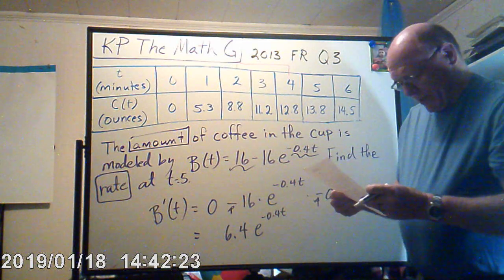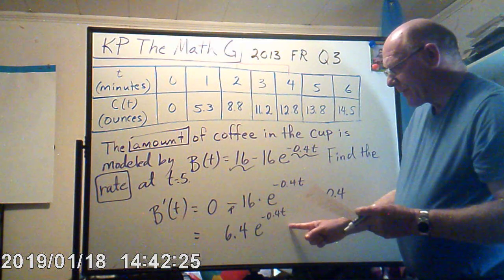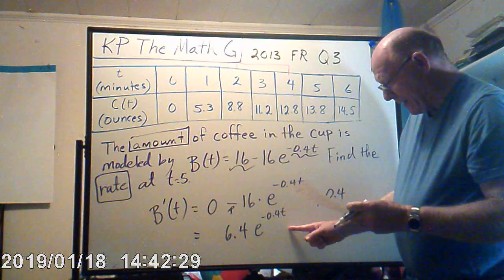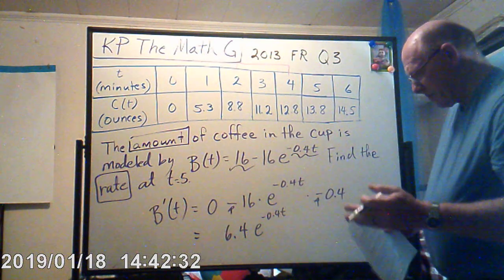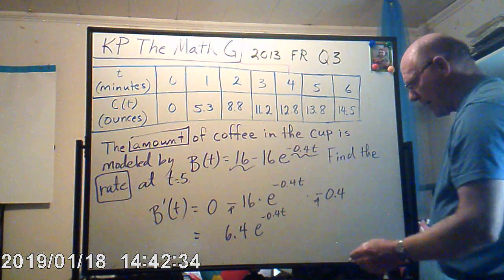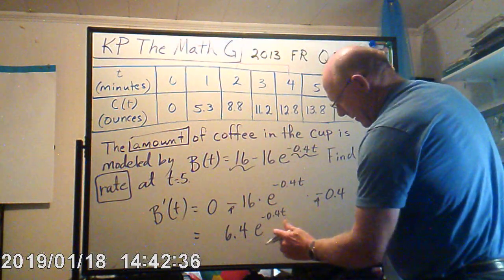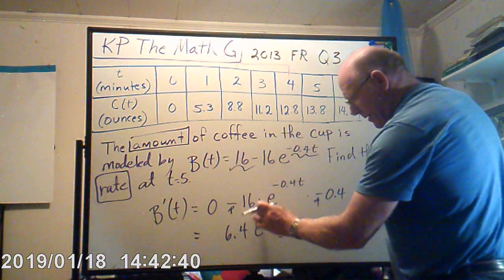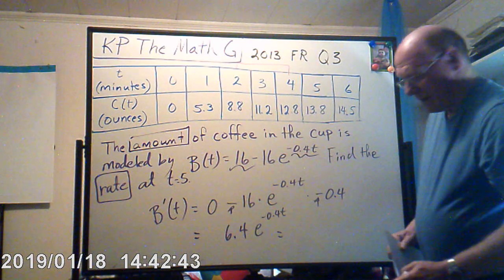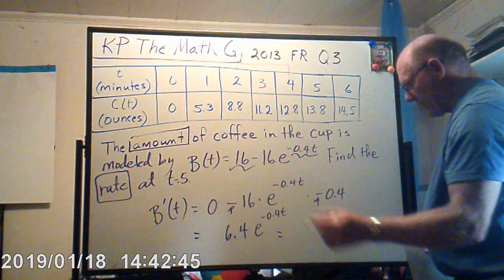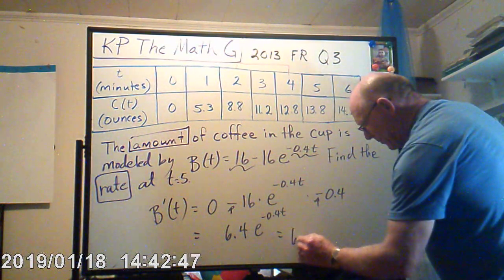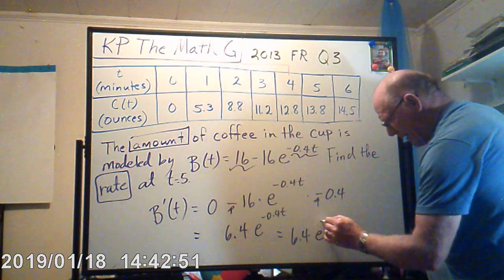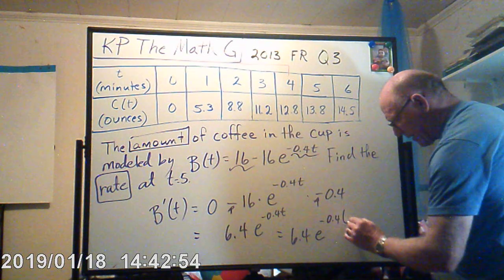And then, of course, when you plug in 5, you're going to get your answer. So, anyway, you plug that in. I think they move this down in the denominator, which makes this exponent positive. So anyway, this is 6.4. You can leave it like this. It does not matter. e to the negative 0.4 times 5.